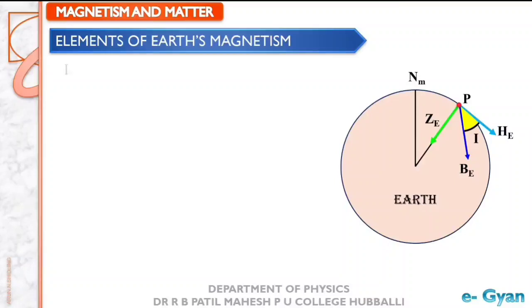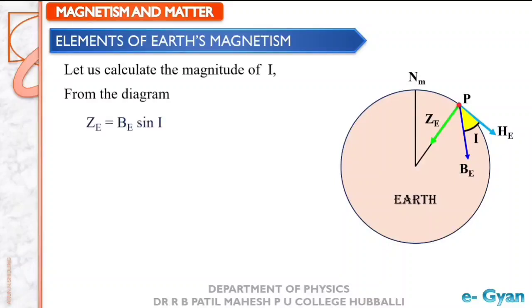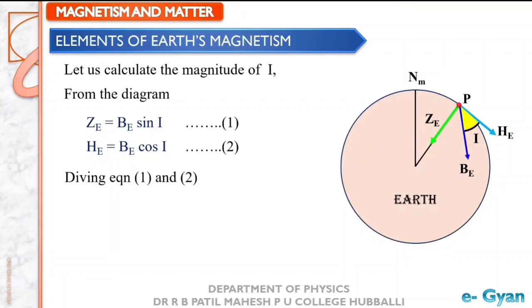Moving ahead, using this diagram, let us find the magnitude of I. From the diagram we can write ZE equals BE sin I. Since ZE and HE are the rectangular components of BE, similarly for HE we can write HE equals BE cos I. Taking both equations as 1 and 2, let us divide 1 by 2.